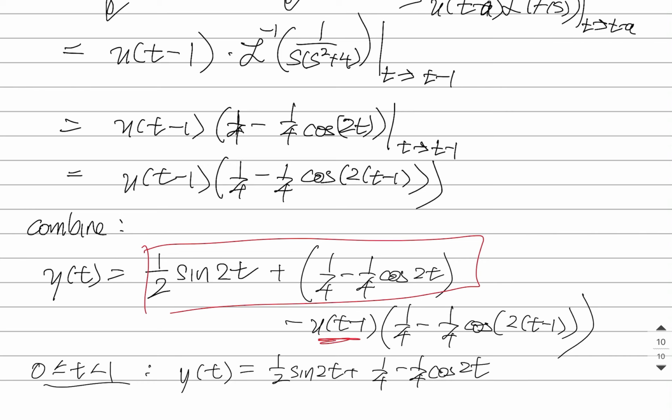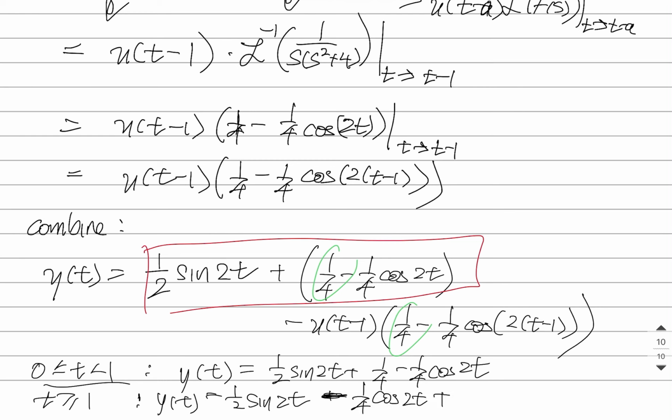And now, after time 1, so when time is greater than or equal to 1, you can separate everything out. What's going to be left? You'll still have the 1/2 sine of 2t, but the 1/4 terms will cancel out, and then you'll have minus 1/4 cos 2t added to 1/4 cos of 2 into t minus 1.